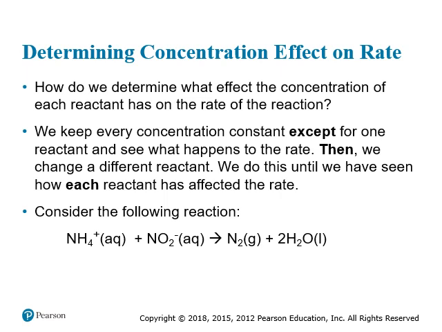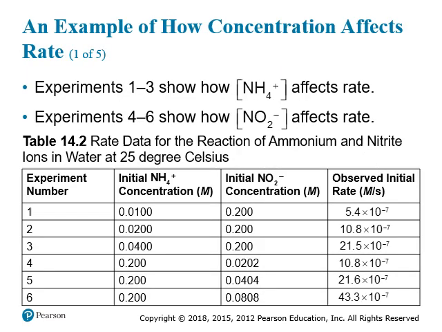The reaction of the ammonium cation in solution with the nitrite anion in solution in order to form nitrogen gas and liquid water. Here we see the results of 6 different experiments, all in which we started with different concentrations of ammonium and nitrite.